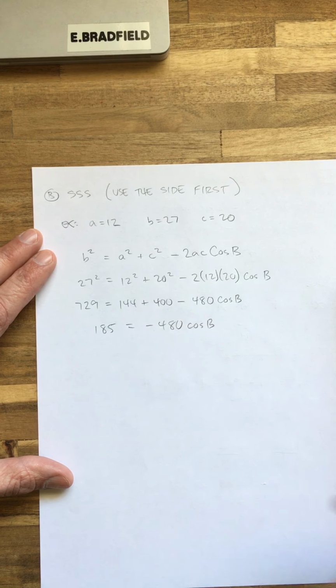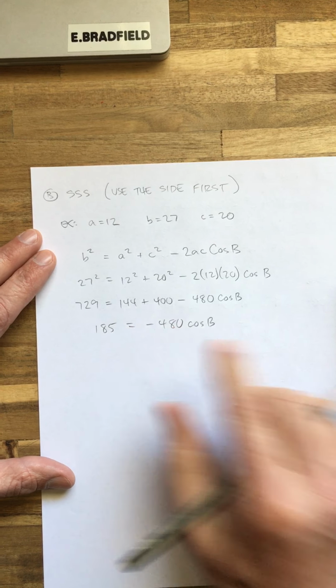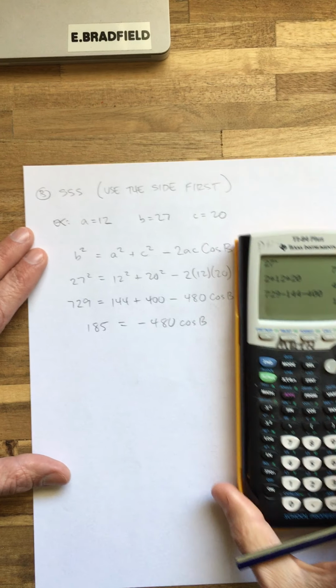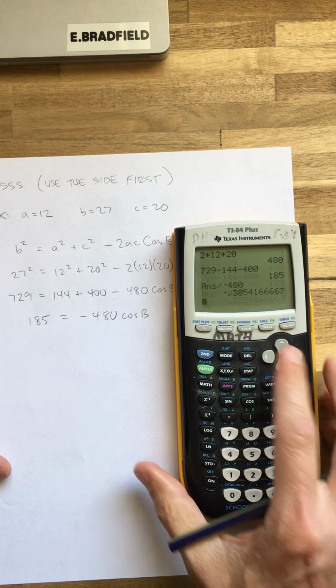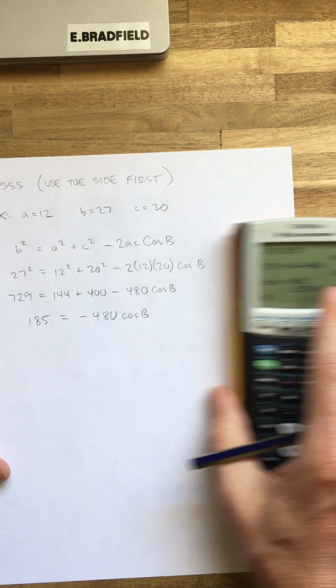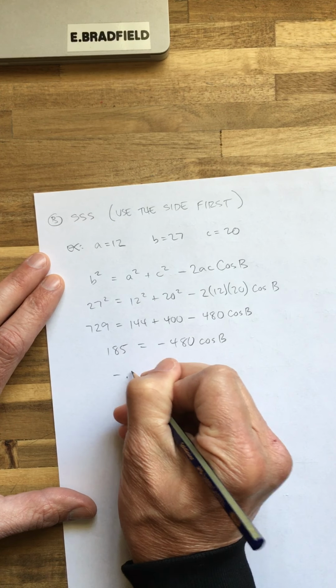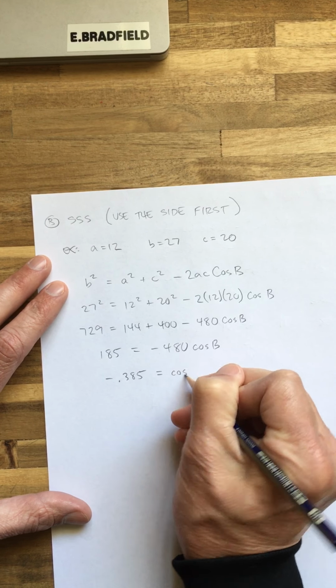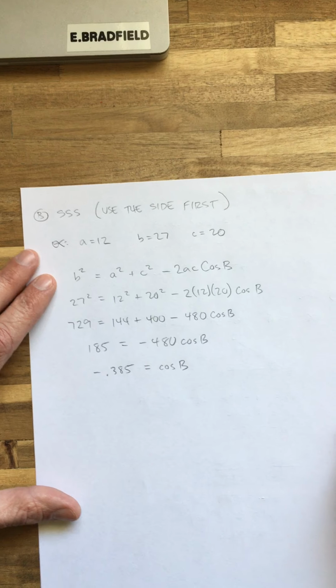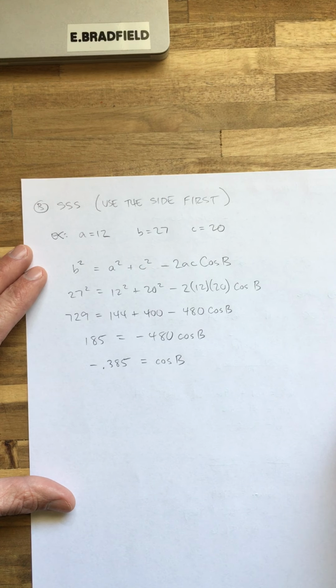So now divide by, so 185 divided by negative 480. That equals negative 0.385. So negative 0.385 equals my cosine of b. All right.